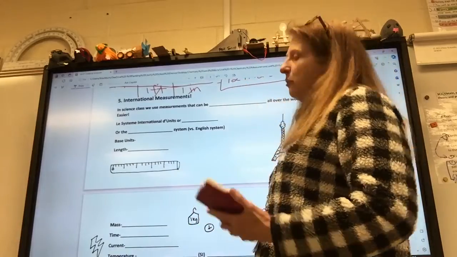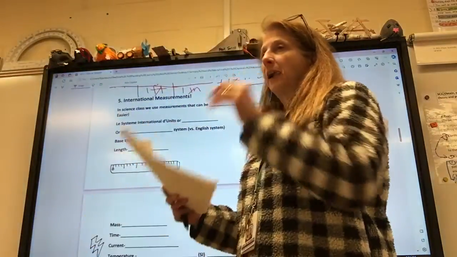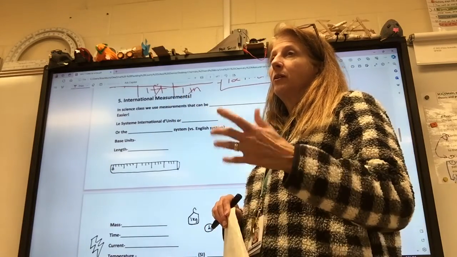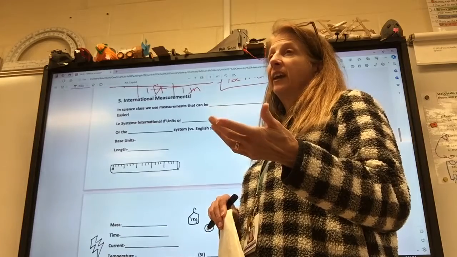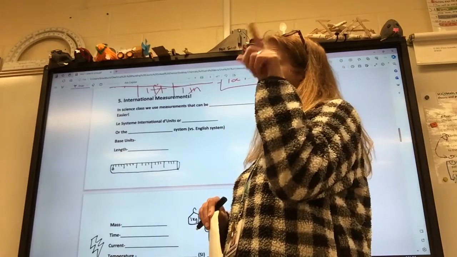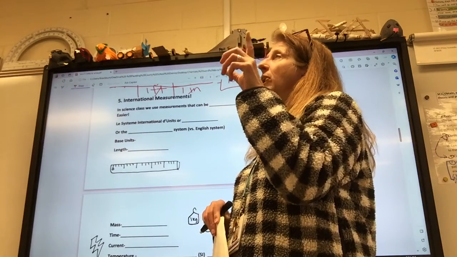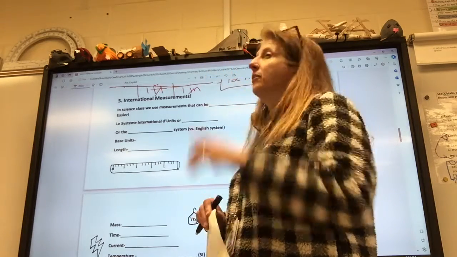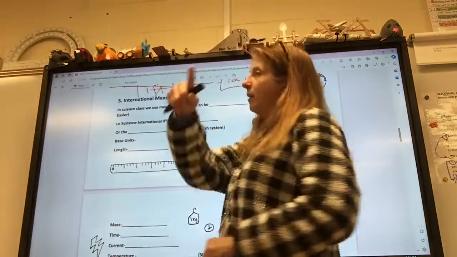Okay. International measurements. Next idea. Technically, moving right along could be a metaphor for evolution or kinetic energy. KE. I could do KE equals mass times acceleration.